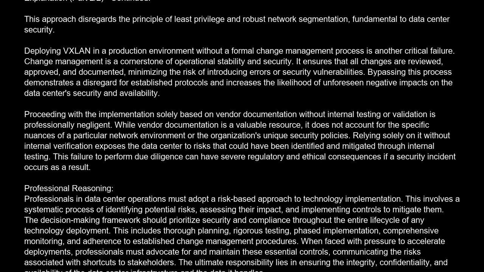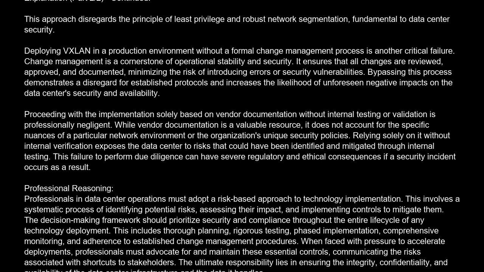Professional reasoning. Professionals in data center operations must adopt a risk-based approach to technology implementation. This involves a systematic process of identifying potential risks, assessing their impact, and implementing controls to mitigate them. The decision-making framework should prioritize security and compliance throughout the entire lifecycle of any technology deployment.